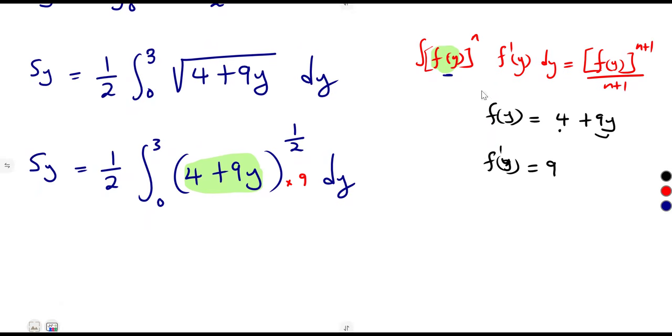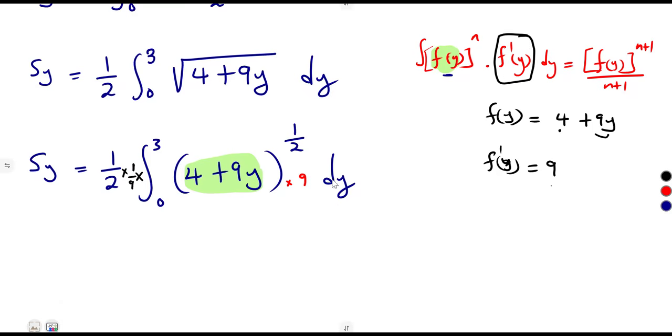Remember, we are saying this raised to its exponent times its derivative. So the derivative is 9, but we do not have a 9 there. So once we put that 9 here, we must also neutralize that 9. So we multiply by what? By 1 over 9, the reciprocal of 9.